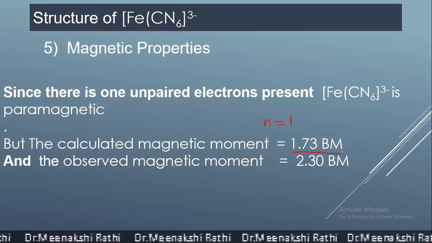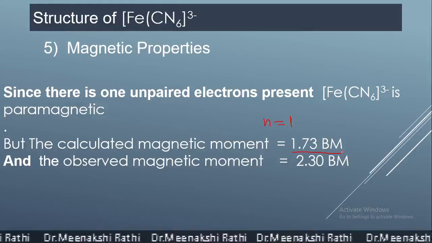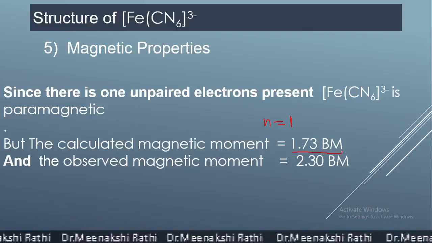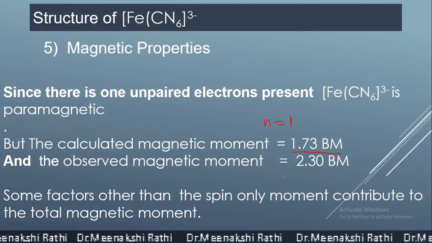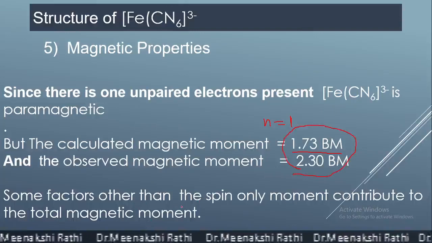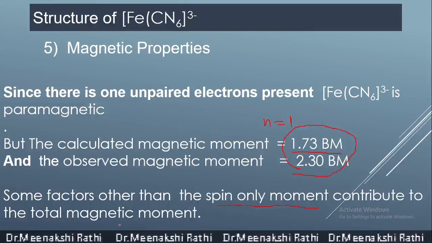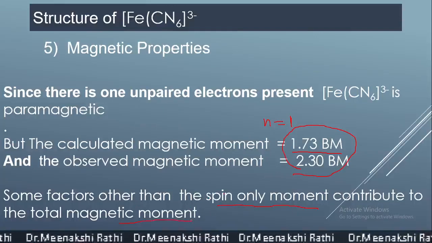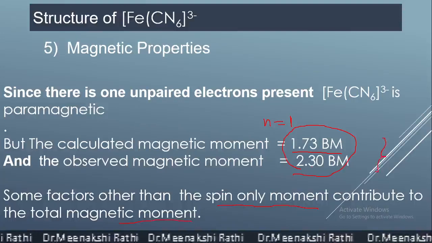That means the observed magnetic moment of this complex ion is not in favor of the calculated magnetic moment. The reason is that some factors other than spin only moment contribute to the total magnetic moment, and that's why there is a difference between the calculated and observed magnetic moments.